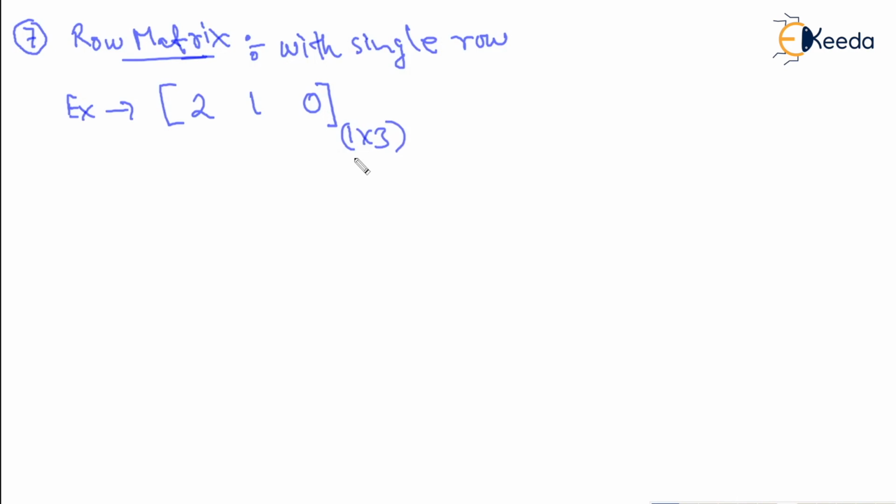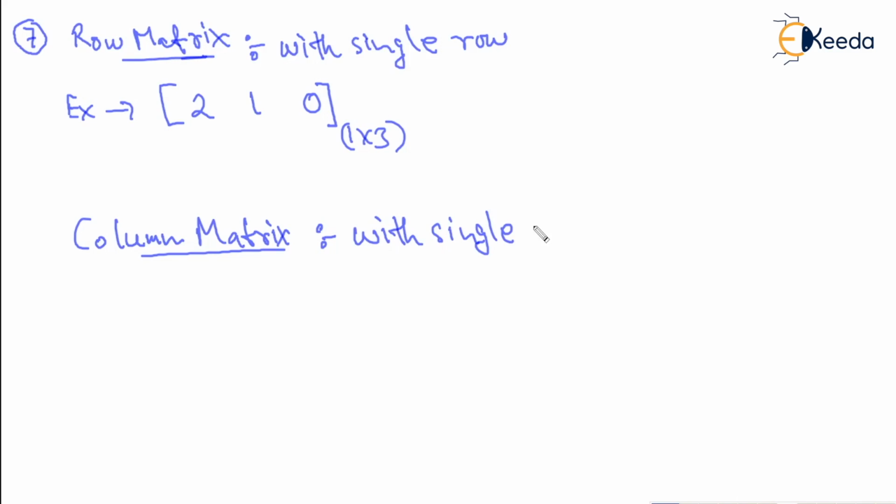And then maybe another one is column matrix. That is with a single column. Example: 2 1 3.